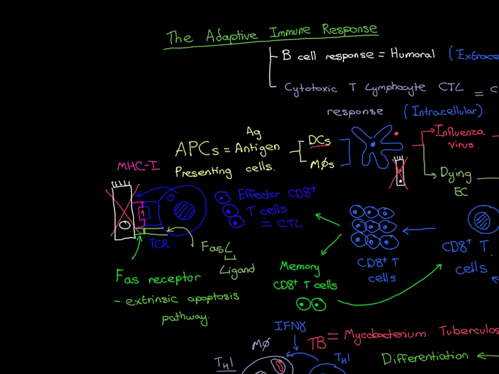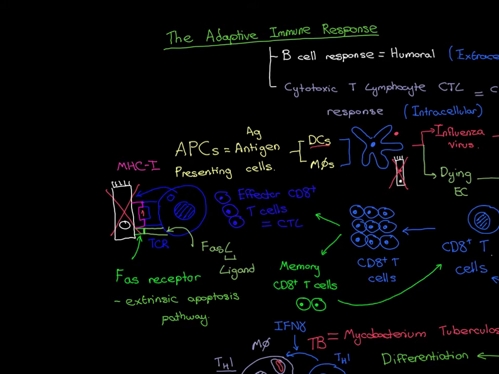Okay, so this is the cytotoxic T lymphocyte response, and overall it kills virally infected cells. It will go to the respiratory tract and get rid of a huge number of virally infected cells, cause them to commit apoptosis, and when they commit apoptosis, all of the influenza virus stuff inside them will be destroyed.